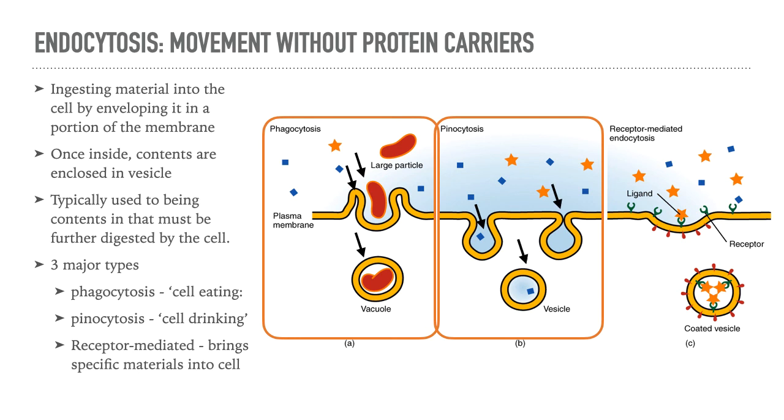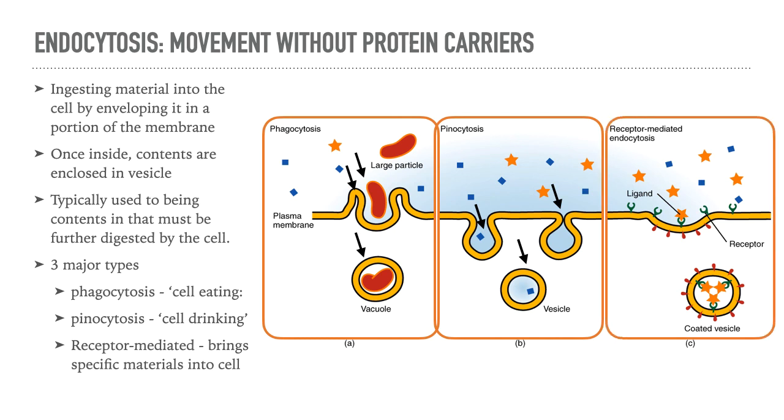It'll pinch together, ultimately resulting in this vesicle that has these fluids in it. This is not very specific because whatever's dissolved in that fluid is going to come into the cell. But it is surrounded by the cell membrane, so the cell is still pretty much protected from whatever it's brought inside.